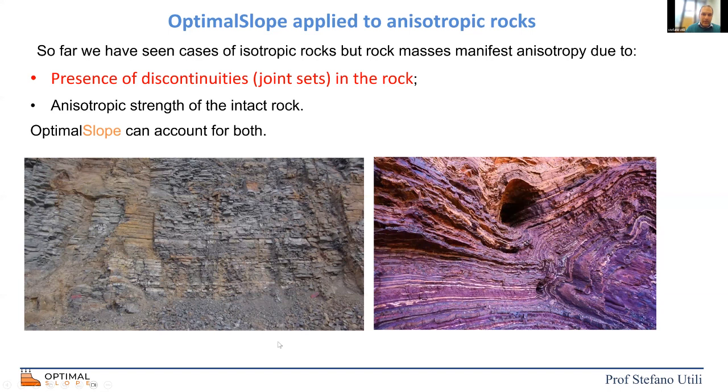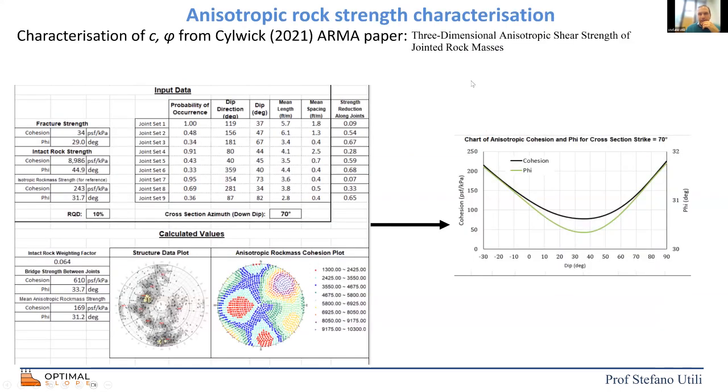Actually, we can account for it, and here I'm just showing some recent work that I've done in collaboration with a geotechnical consultancy in the US called Call and Nicholas. They've come up with a quite powerful method, which is like an Excel spreadsheet.